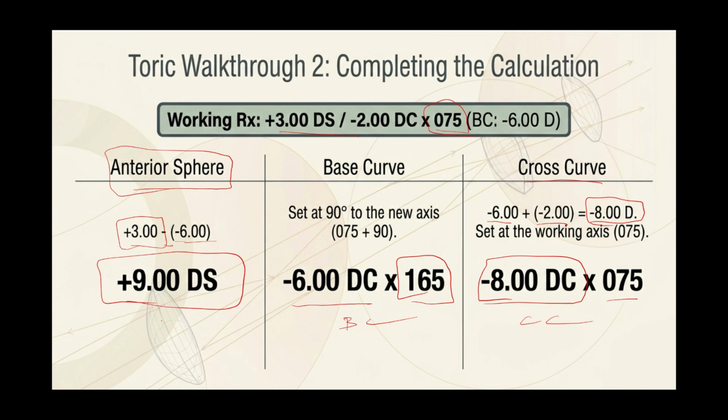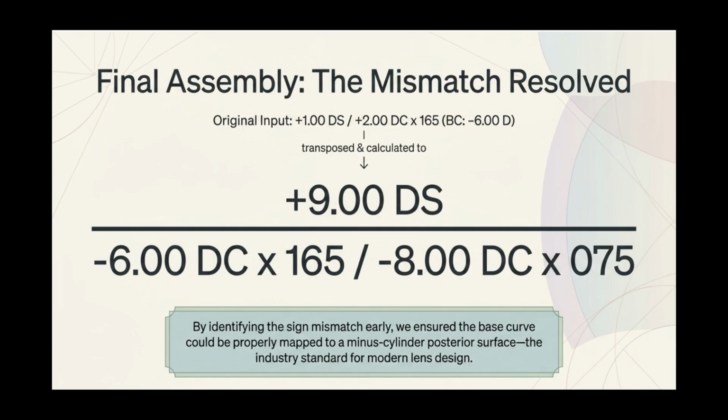So let's go to assembling our thing. So what do we get at our final assembly? Plus 9 diopter sphere, which is the anterior surface power, and minus 6 diopter cylinder at 165 degrees and minus 8 diopter cylinder at 75 degrees.